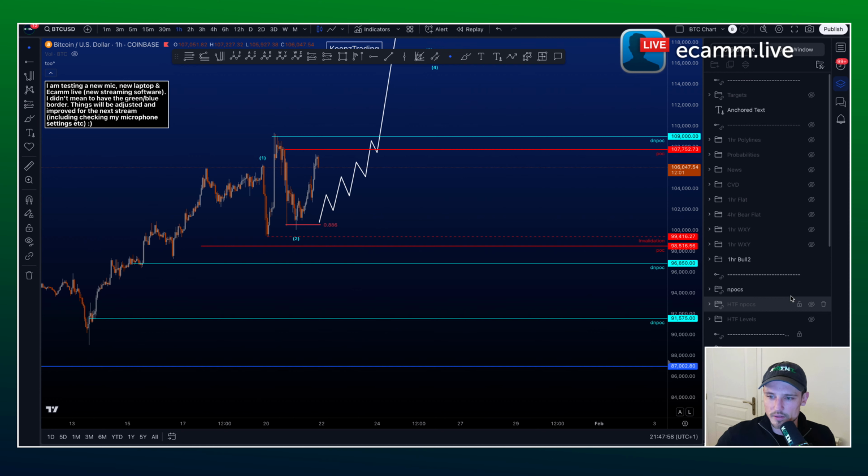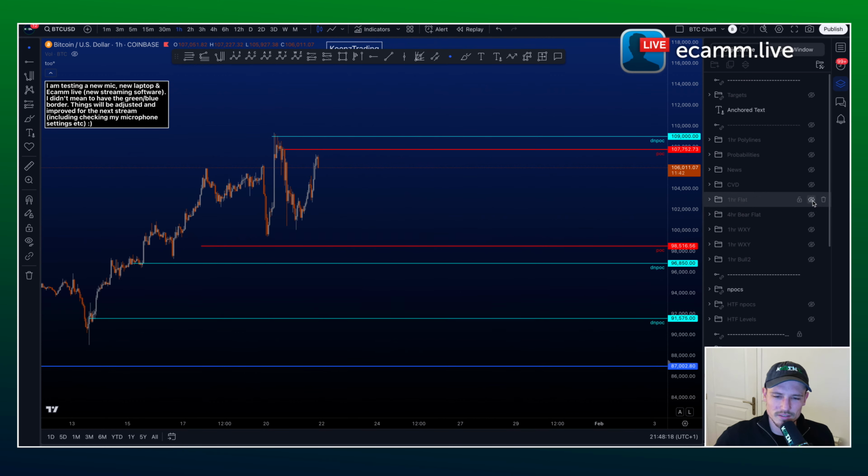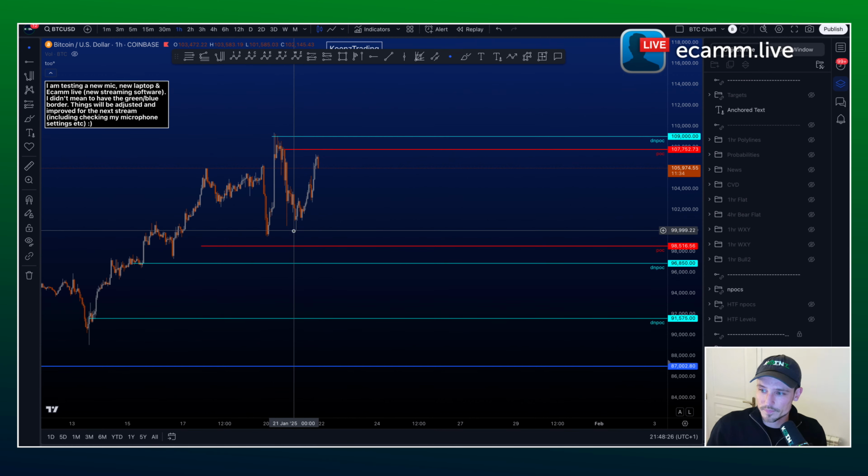If we don't get a very explosive wave 3, right, and you move back down and you take out these lows at 99, probabilities are higher for this as well. So yeah, WXY here is very much a nicer scenario than the multi 1-2, and I would love it to swipe the lows, honestly.